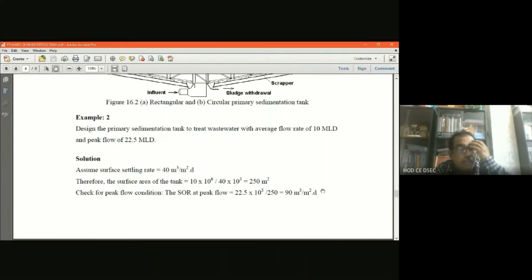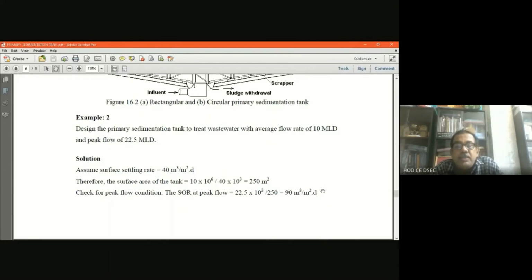The typical value we consider in the case of a rectangular tank is 40 meter cube per meter square per day, and this parameter is very important to consider in the design.